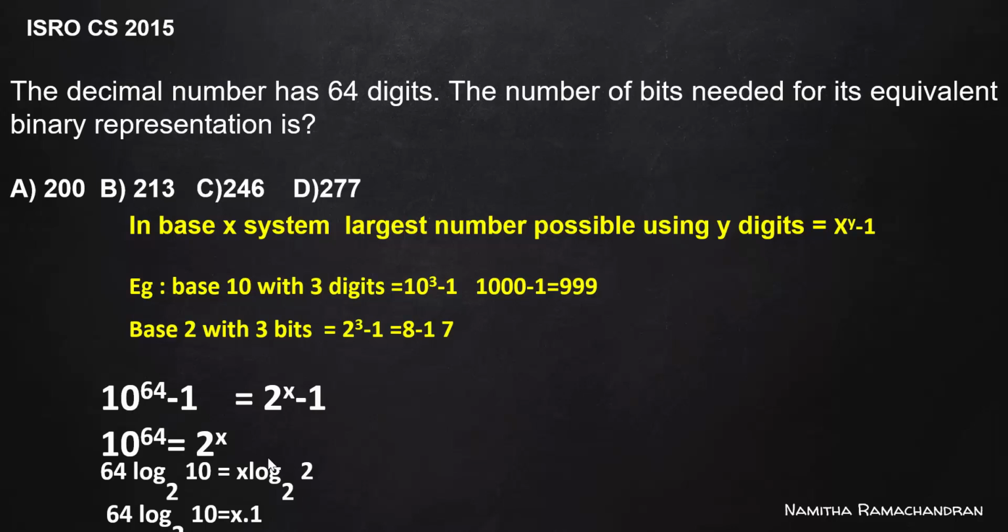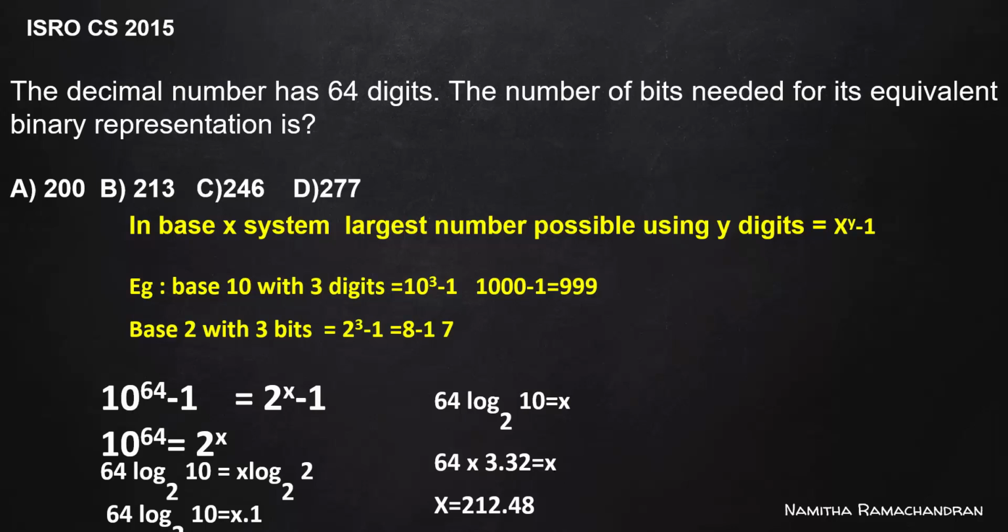Log 2 to the base 2 is 1, so that is x into 1. Log 10 to the base 2 is almost equal to 3.32, so 64 into 3.32 is equal to x.